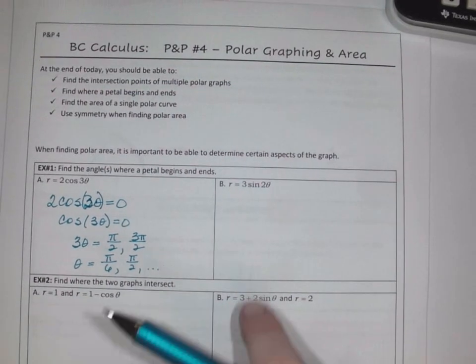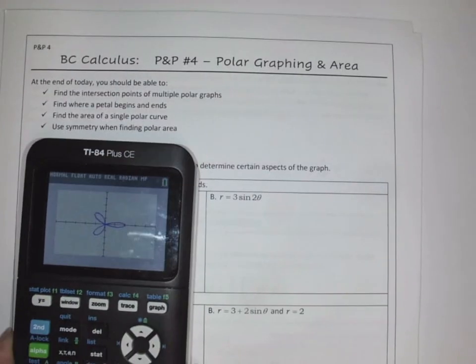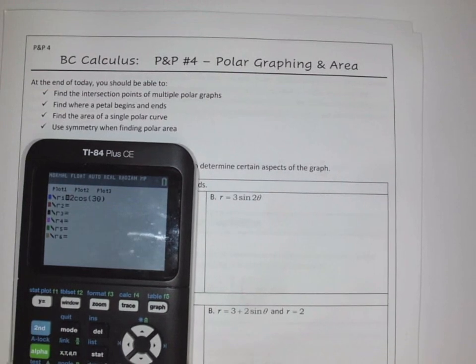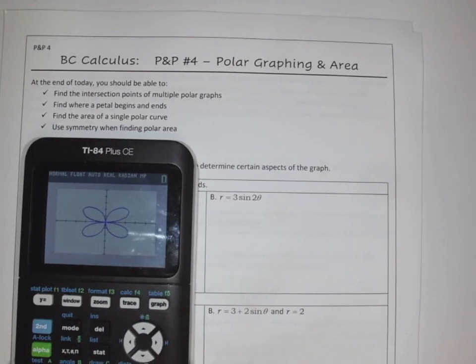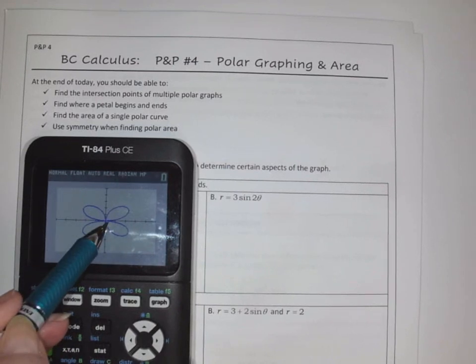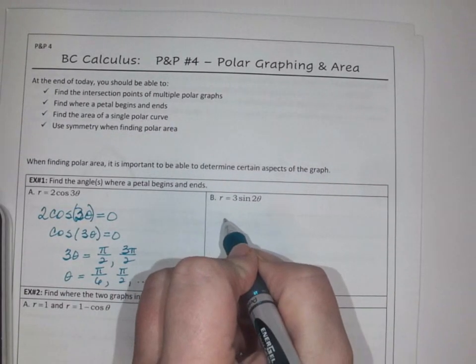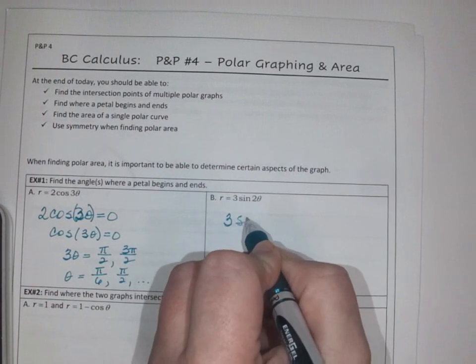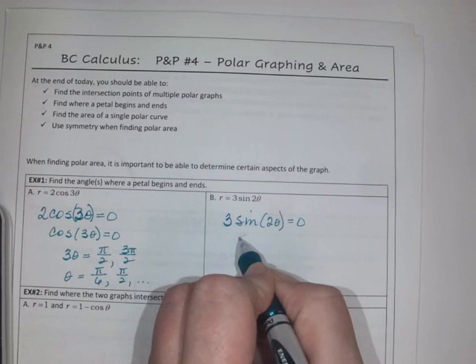That's what we need. All right, so if we have r equals 3 sine 2 theta, okay, so if I go graph this one, so if I do 3 sine 2 theta, and if I graph it, now we have, again, something that looks like that. So a petal begins and ends when we hit the origin, which would be when our radius is 0. So 3 sine 2 theta is equal to 0.